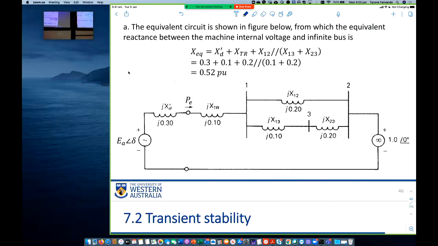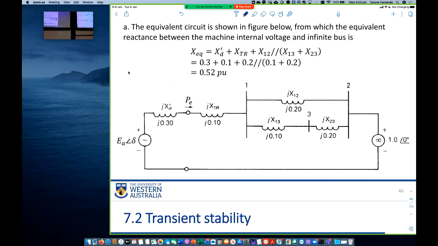We have EA angle delta on the left, that's the internal voltage of the generator. We have all the reactances: the reactance of the generator, the reactance of the transformer, the reactances of the lines connecting bus 1 and bus 2, and the infinite bus on the right.